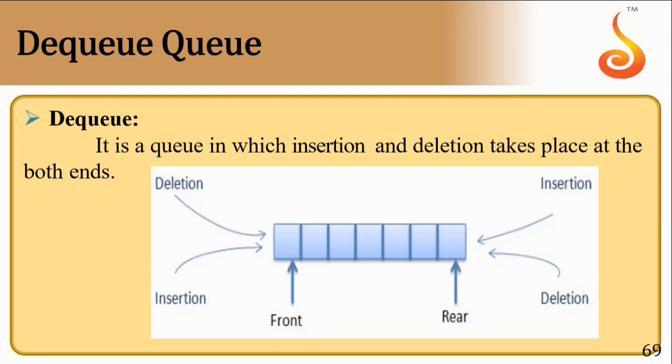That is, input restricted means the input will happen from the rear, but deletions can happen from both rear and front. Whereas in an output restricted double-ended queue, the deletion can happen at only one end, but the insertion can happen at both ends. This is input restricted and that is output restricted DQ.